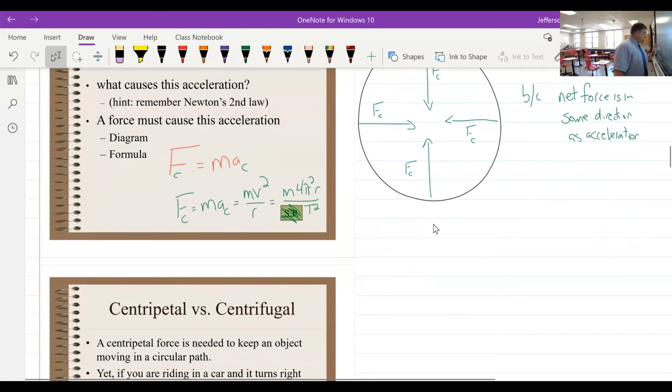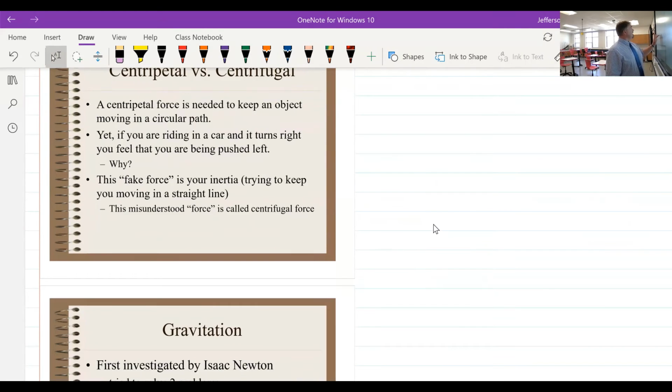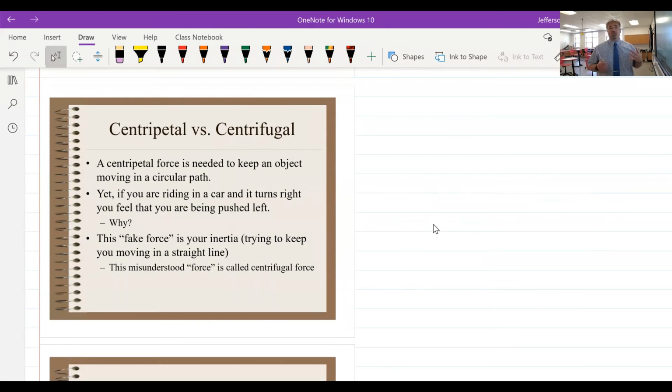Now, the last thing we're going to talk about today is centripetal versus centrifugal. And we'll get into a little bit more detail on this. But remember, centripetal means center seeking. Centrifugal is actually a fake force. Let me give you an example.